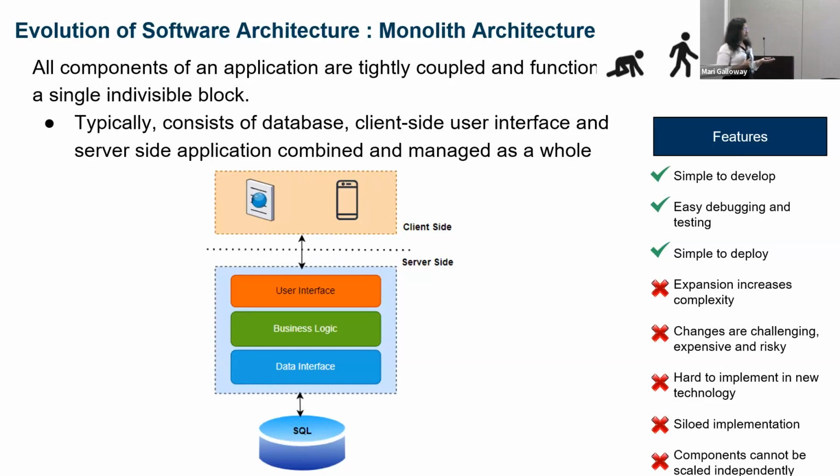Also, the monolith had a siloed implementation. It did not expose any APIs, or have any interfaces or listeners. Because of that, if one monolith wanted to talk to another monolith, it could be done, but it was very hard and expensive, and developers had to spend a lot of time doing that implementation or connection.